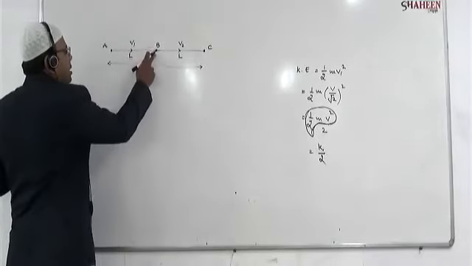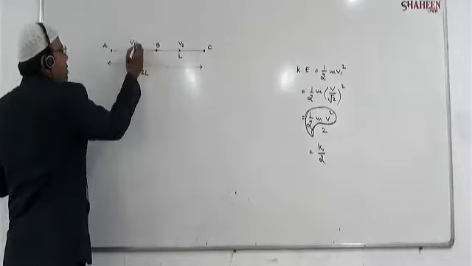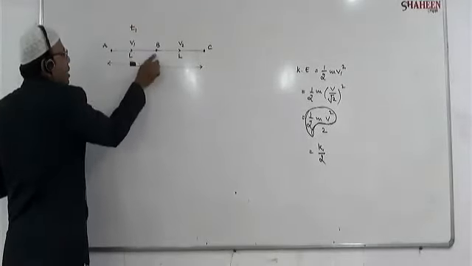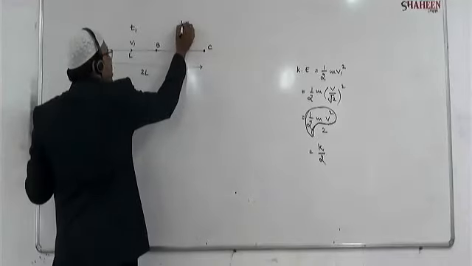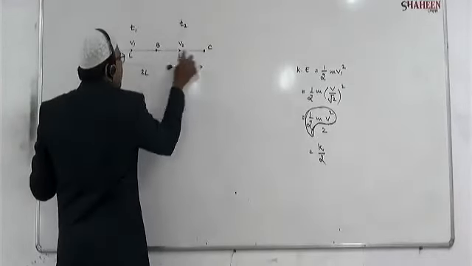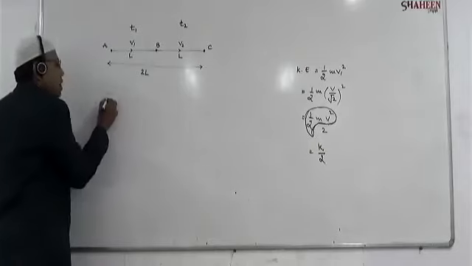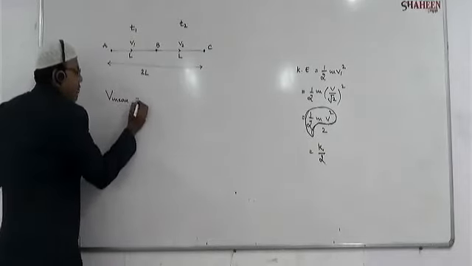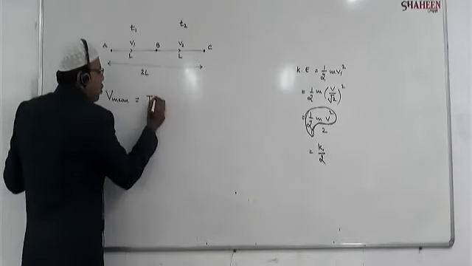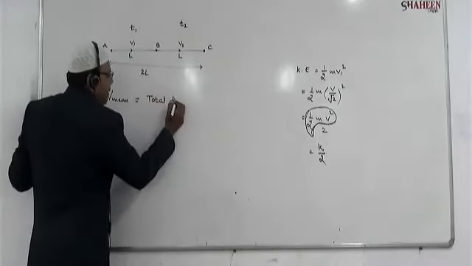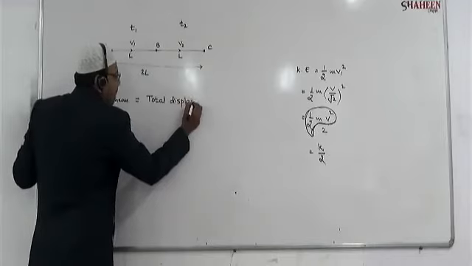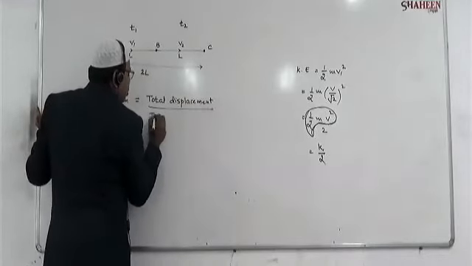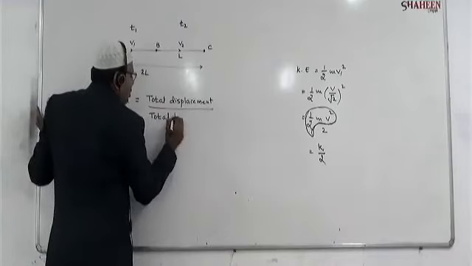this is A and this is B. So, students, suppose it takes some time t1 to move from A to B and some time t2 to move from B to C. So here the question asked is v mean. V mean means v average. V average means total displacement by total time.